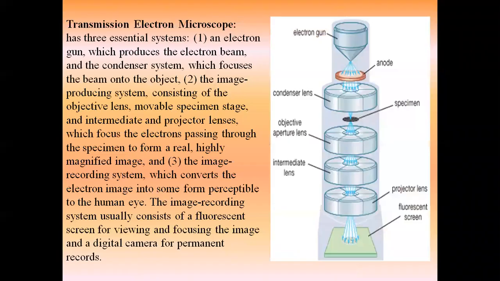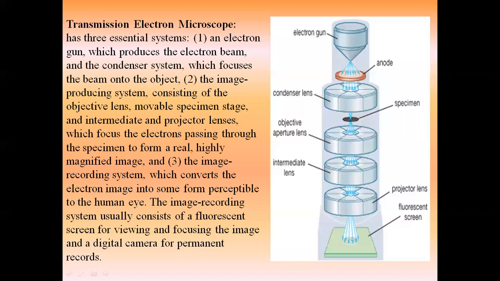Next we come to the setup of the transmission electron microscope. We divide the different parts of the electron microscope into basically three essential parts or systems.